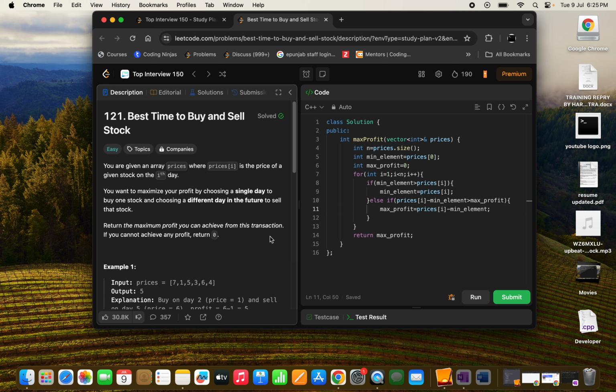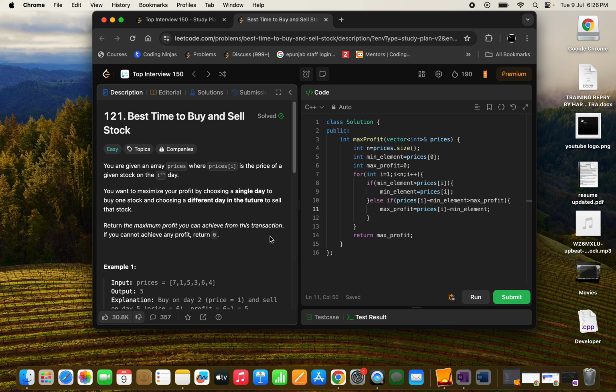If I had used a simple else condition, there could have been conditions where the minimum element is equal to prices of I, or where the minimum element is less than prices of I. We use an if else whenever we have a boolean type of decision, either yes or no, but we use an else if when we have to take decisions apart from the one, because my minimum element decision entirely depends on my maximum profit.